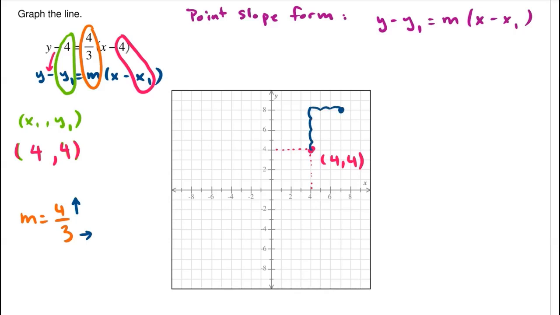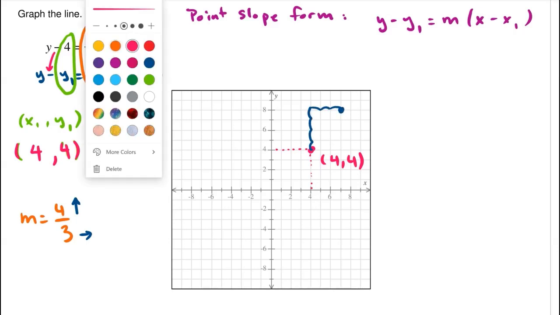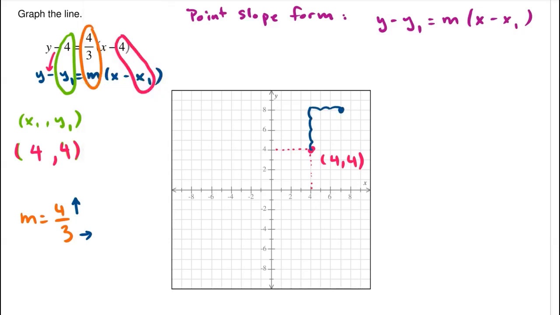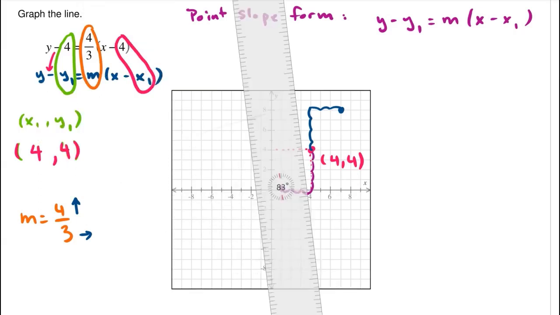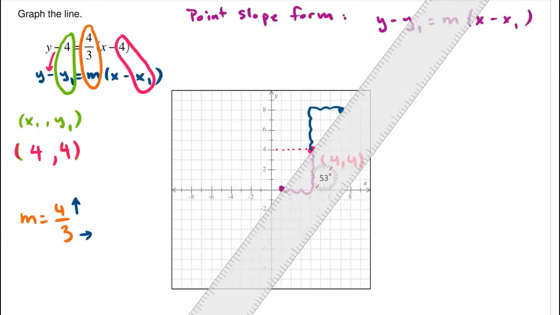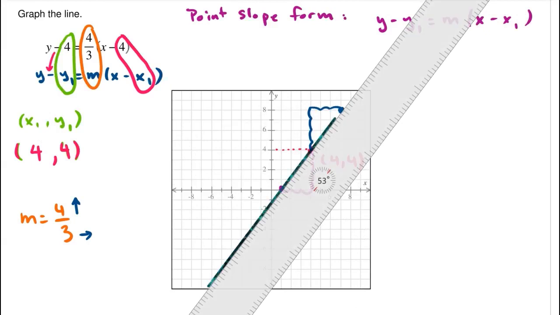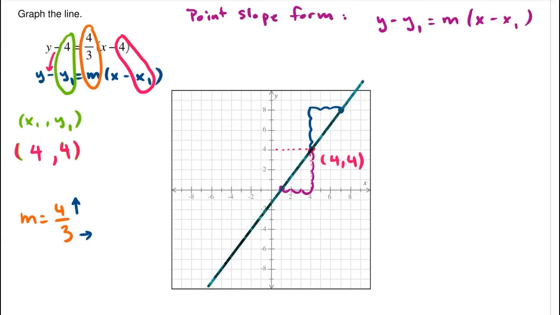Now if I do it again, it's out of my graph. So I'm going to reverse this. You go down 4, 1, 2, 3, 4, and you run 3, 1, 2, 3, in the opposite direction. Here we go.